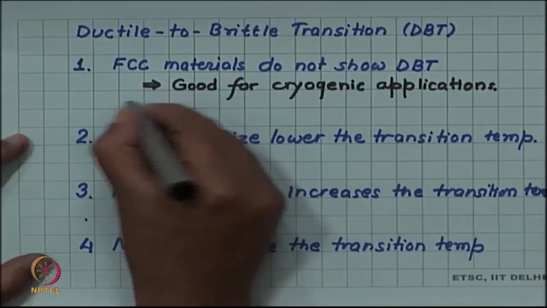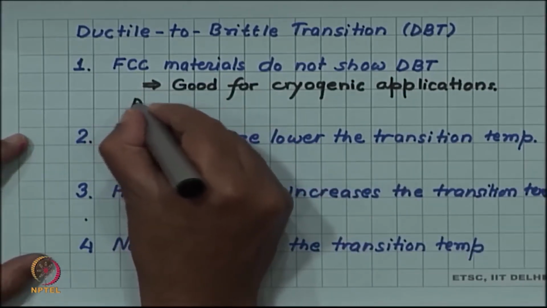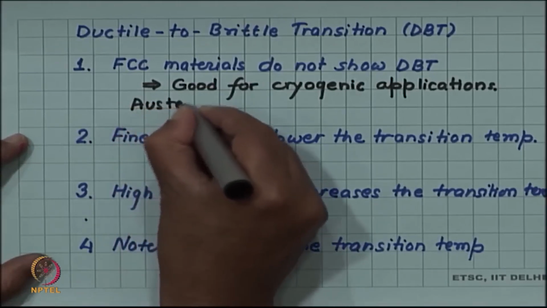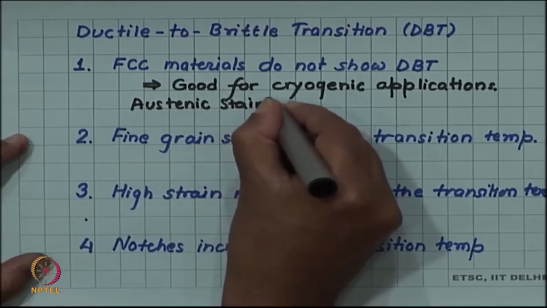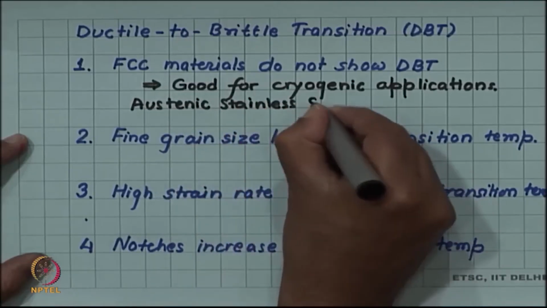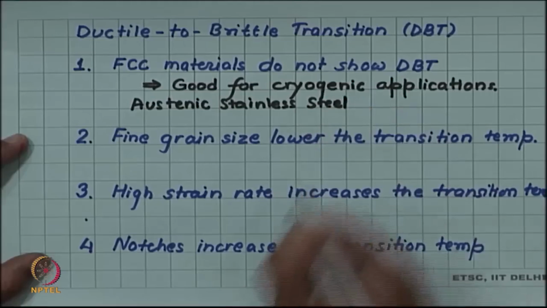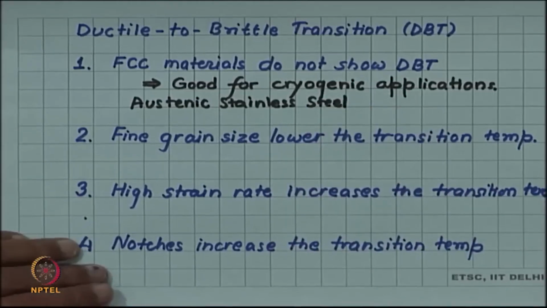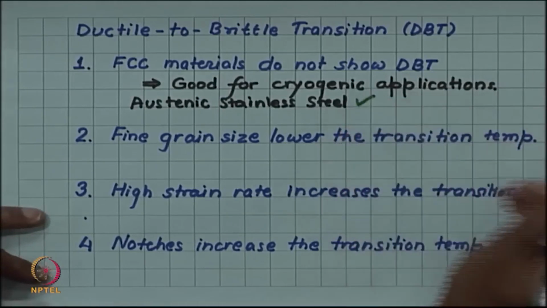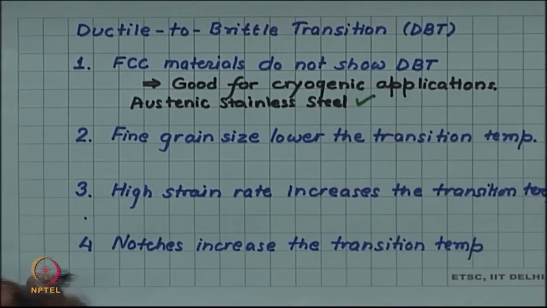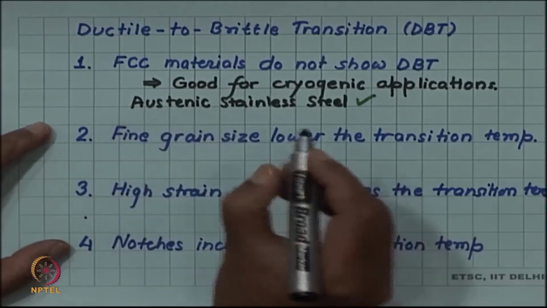For example, austenitic stainless steel will be good for low temperature application, but normal mild steel will not be.